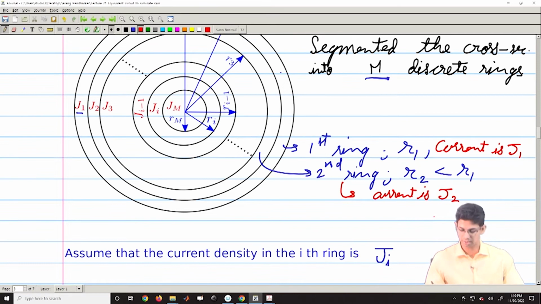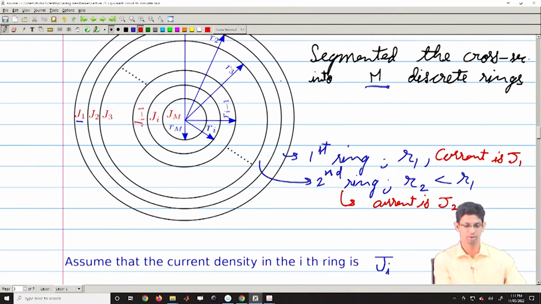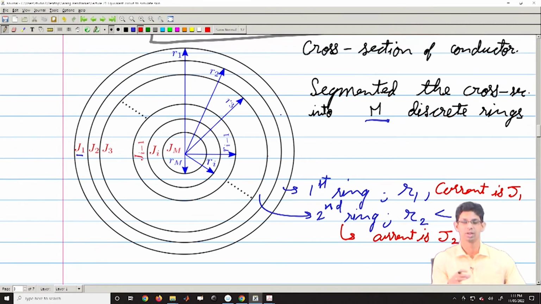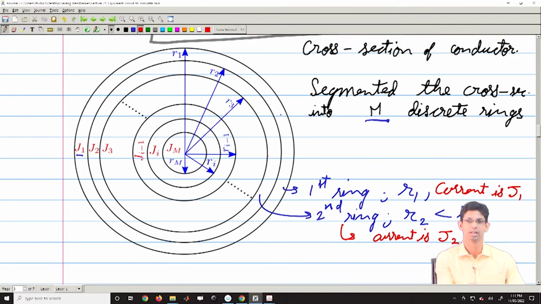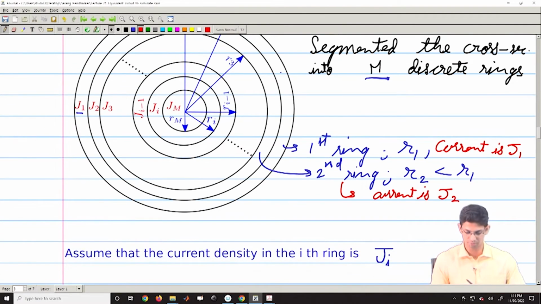So, we are assuming that the current density is constant on each ring. Inside this ring, the current density is not varying. The smaller our rings are, or the more rings we have, the more accurate our analysis will be. So, there is a trade off between the complexity of this circuit and the accuracy that we have.